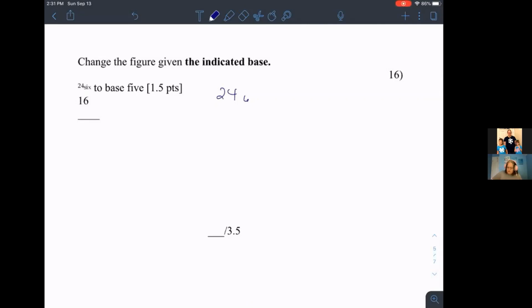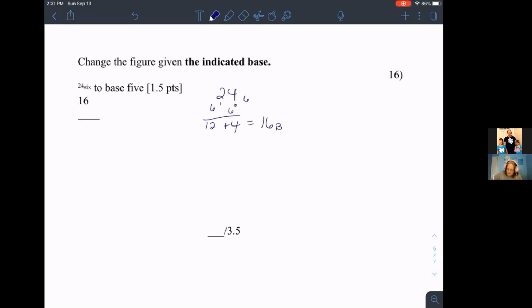So we would do 4 times 6 to the 0 power, and then 2 times 6 to the first power. So 4 times 1 is 4, adding to 6 times 2, which is 12. So that's going to give us 16.